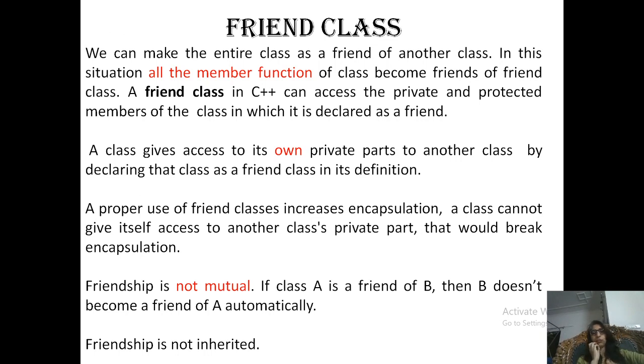Friendship is not mutual. If class A is a friend of class B, then B does not become a friend of A automatically.